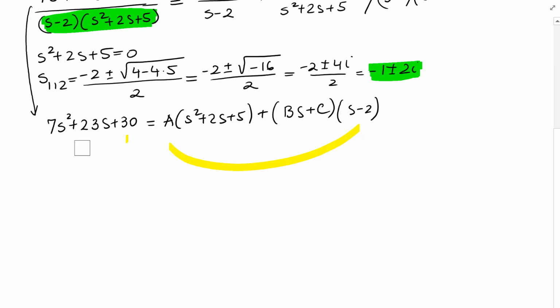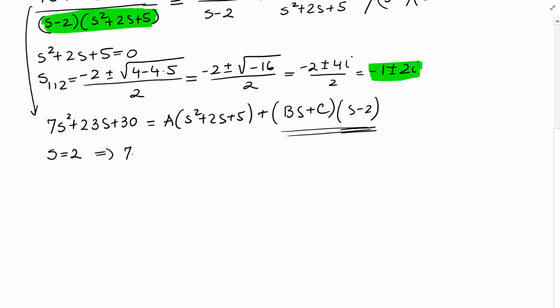Now, another method that we can use is to set s equal to different numbers to find a, b, and c. The first thing that we want to do is to set s equal to 2, because we're going to notice that this whole term is going to disappear. This whole thing is going to be 0.